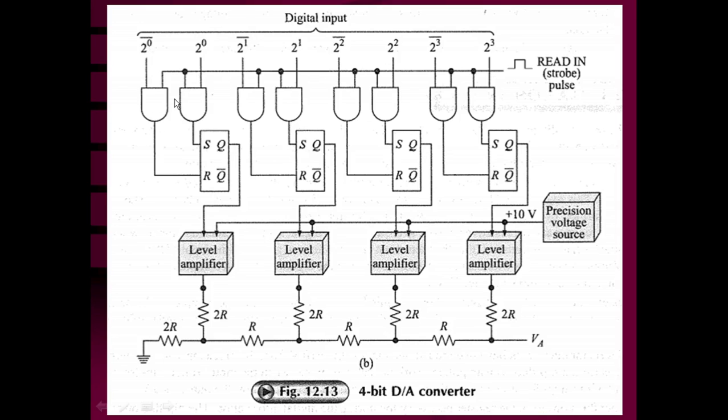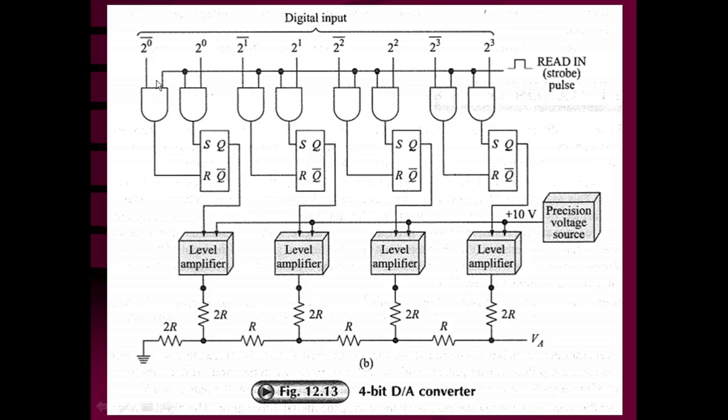That means there are two AND gates, with 2^0 bar and 2^0 as the inputs. So if the LSB is high, that means 2^0 is going to be high and 2^0 bar is going to be low, which gives the output of this one high.